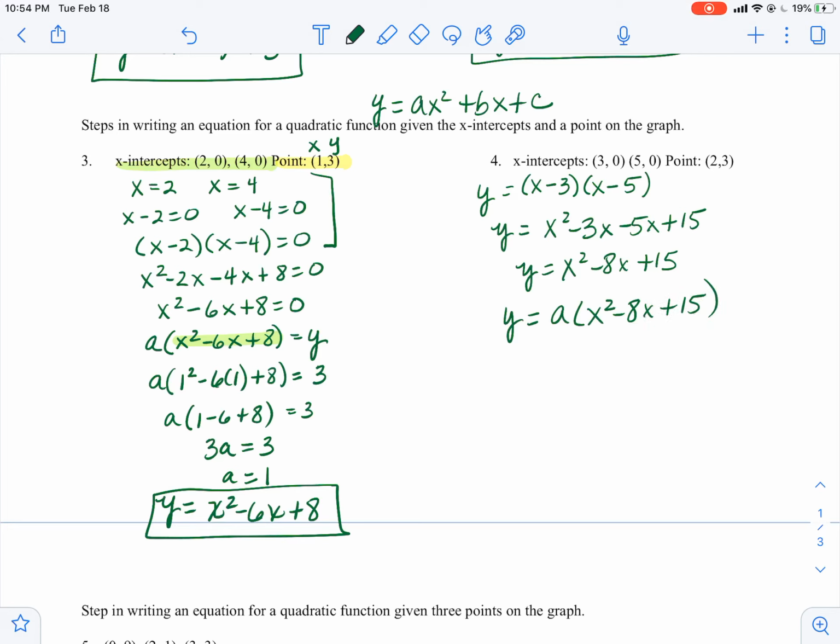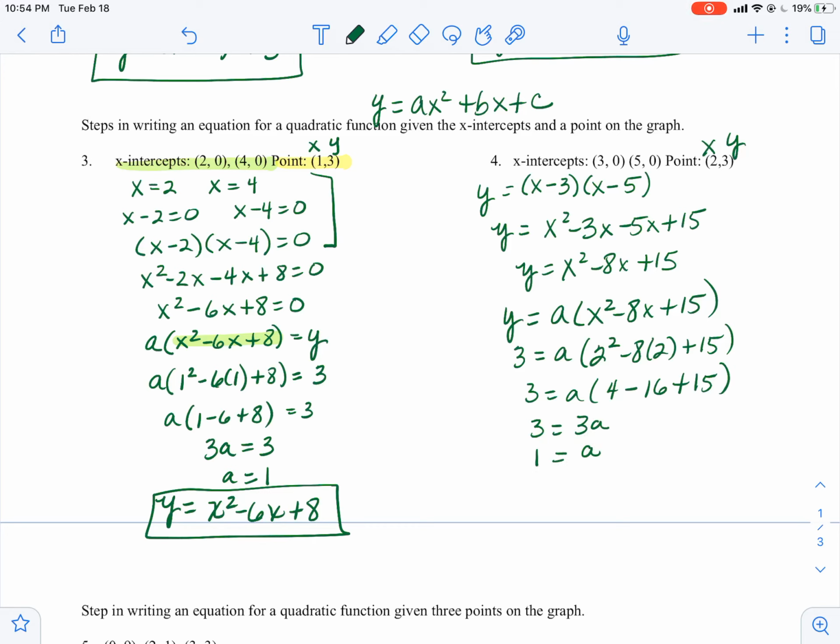Okay, and now I'm going to put in my x and my y that was given. So y is 3, x is 2, and so that's 4 minus 16 plus 15, which is a 3. So no, a was just 1.